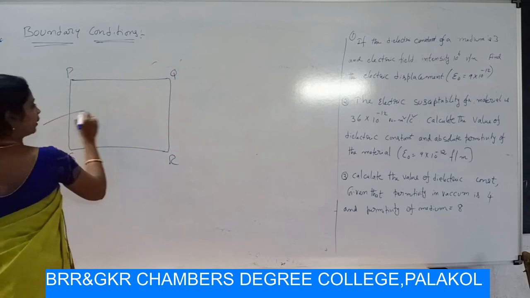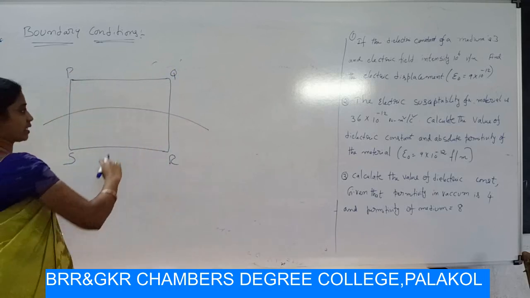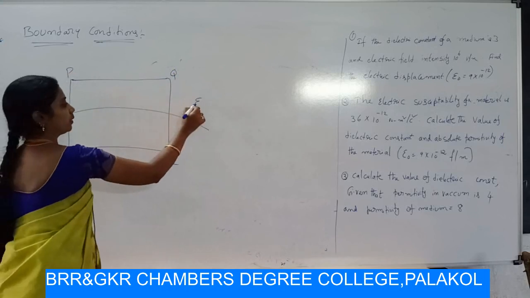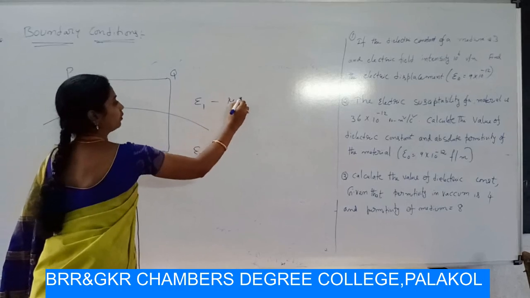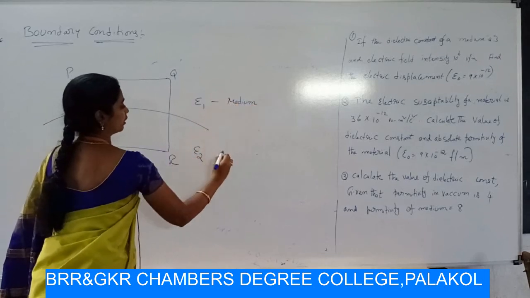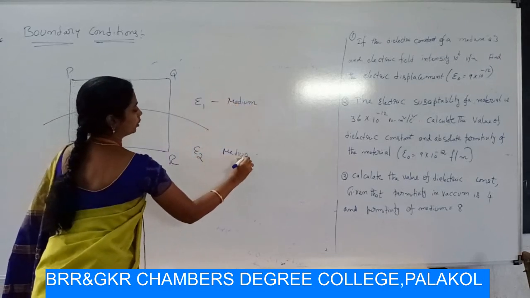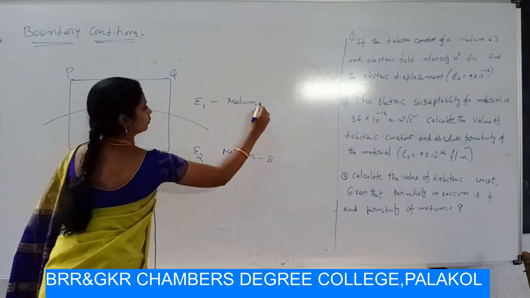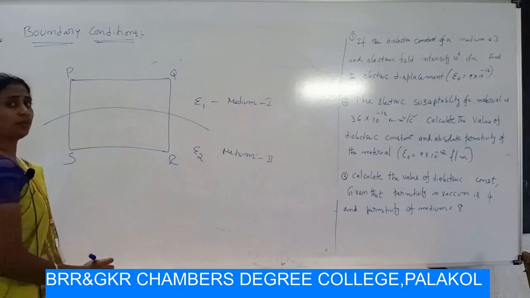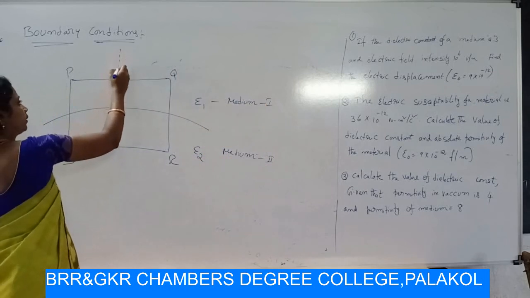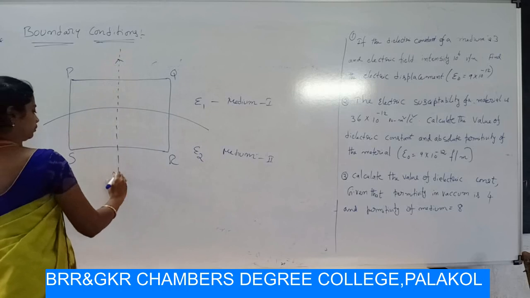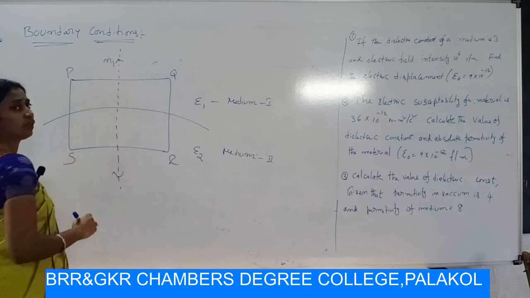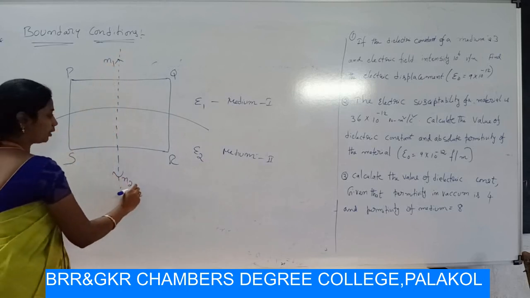The boundary line separates the media with permittivities epsilon 1 and epsilon 2, with medium 1 on one side and medium 2 on the other. We draw normals to this rectangular area as n1 for the first medium and n2 for the second medium.